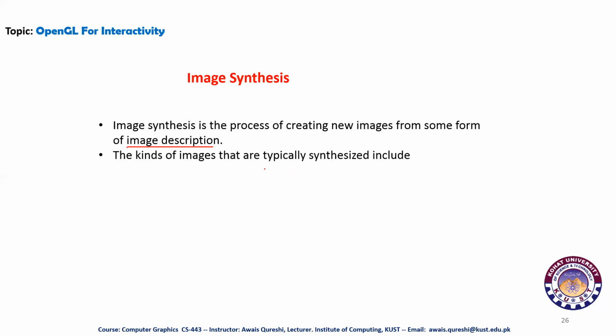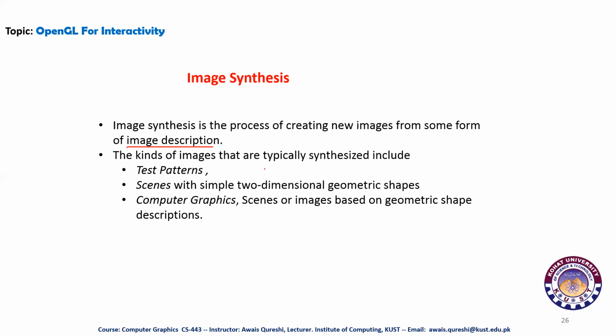The kinds of images that are typically synthesized include test patterns and scenes with simple two-dimensional geometric shapes, and in computer graphics, scenes or images based on geometric shapes and descriptions, because scenes and images are always based on some geometric description. That's why the computer graphics engine creates or synthesizes those images.